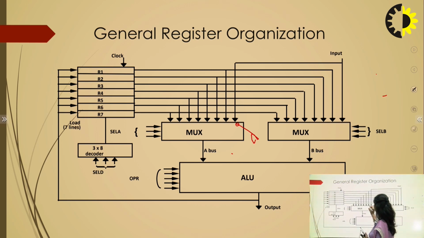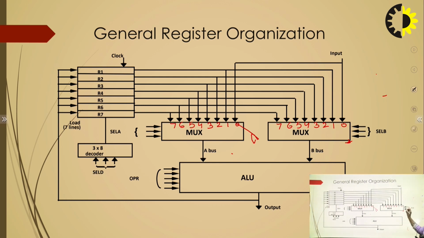And the others are coming from R1, R2, R3, R4, R5, R6 and R7. So we have in total 8 inputs. Similarly, in multiplexer B also, we have 8 inputs, one coming from the external source, that is the 0 input, and the others coming from registers R1, R2, R3, R4, R5, R6 and R7.